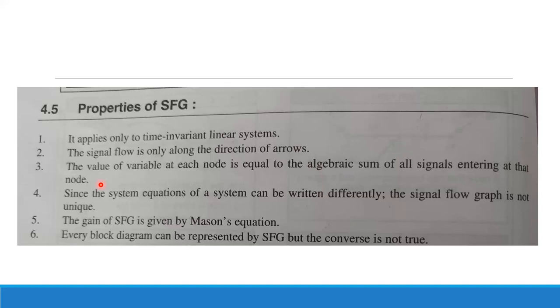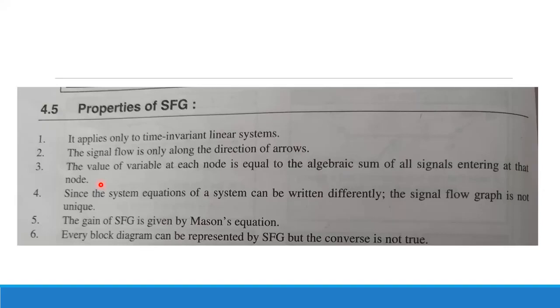Since the system equations of a system can be written differently, the signal flow graph is not unique. If you have the system equations written in a specific form, it does not mean that the signal flow graph is always unique.